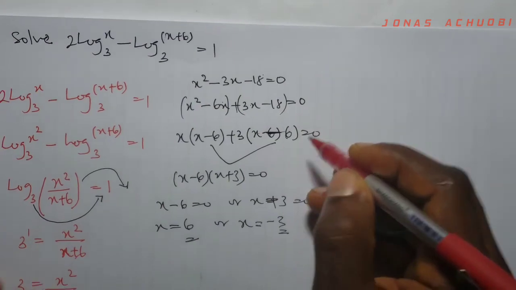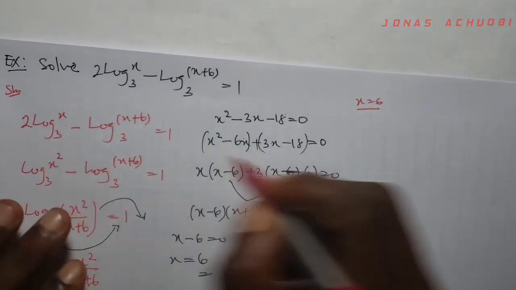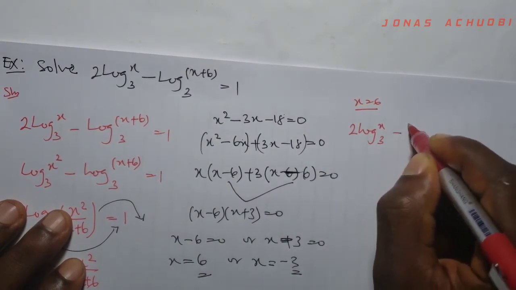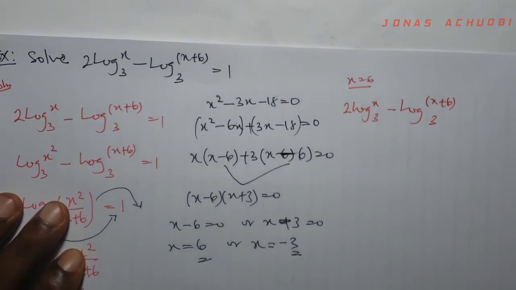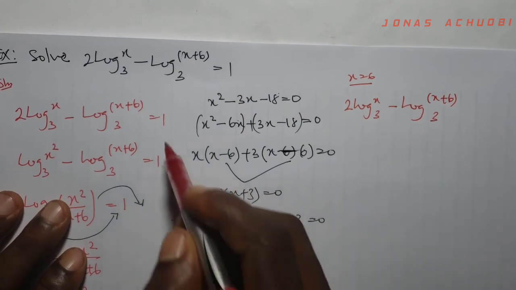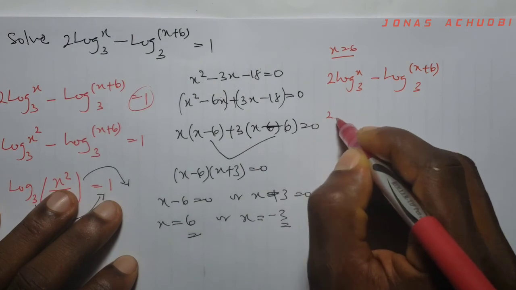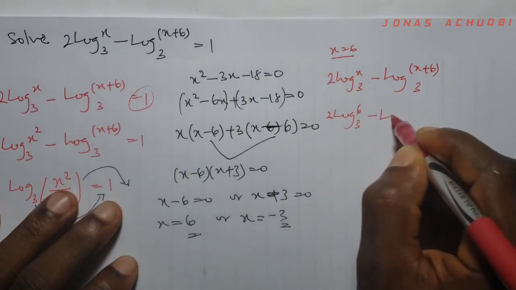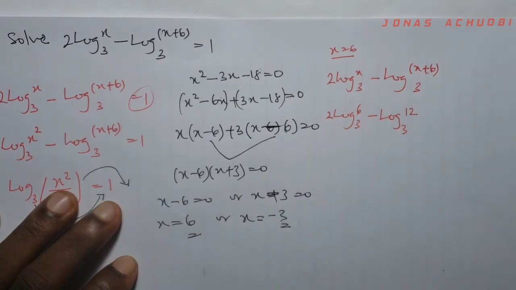For the first one, x equal to 6, we were given 2 log x base 3 minus log x plus 6 in base 3. Now put the value of x equal to 6 into this left hand side and see if we can get 1. So we have 2 log 6 base 3 minus log, in base 3, 6 plus 6 is 12.